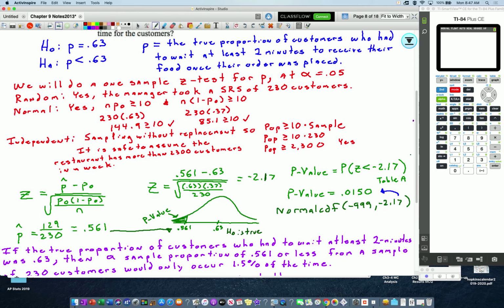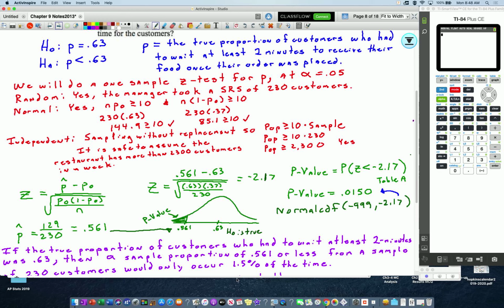Well, we would have expected at least 144.9, because 230 times 0.63 is 144.9, and then 230 times 0.37 is 85.1. Remember, these two numbers add up to 1, hence where that 0.37 is coming from.